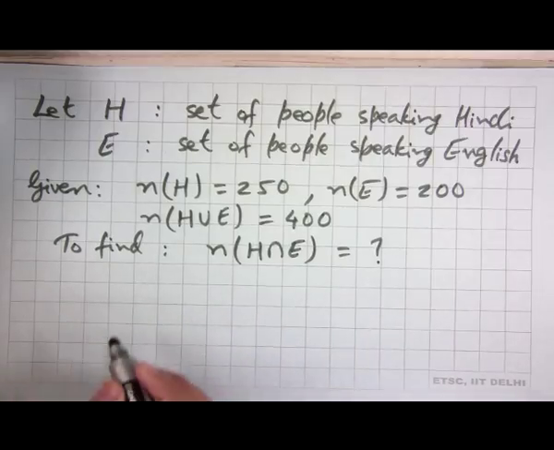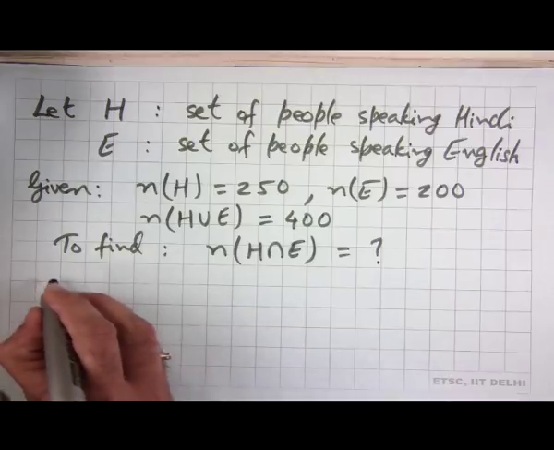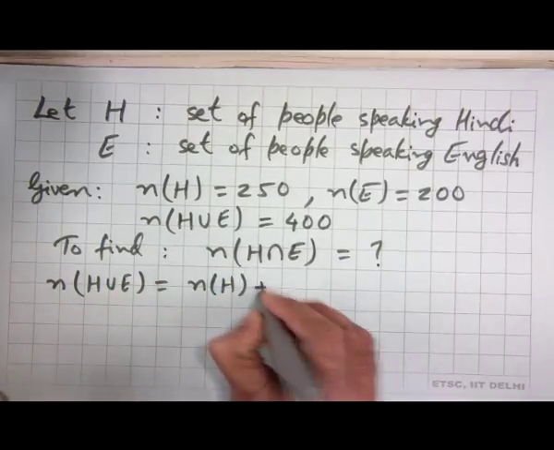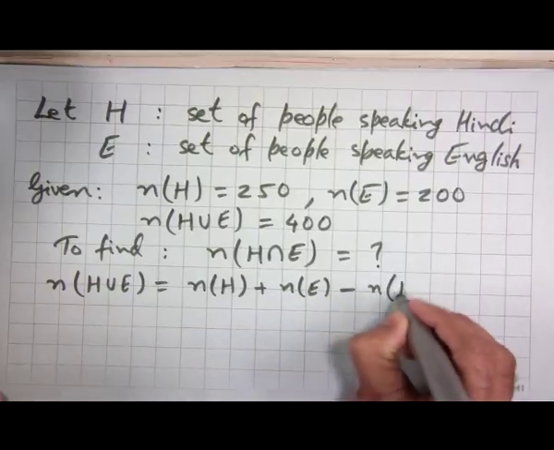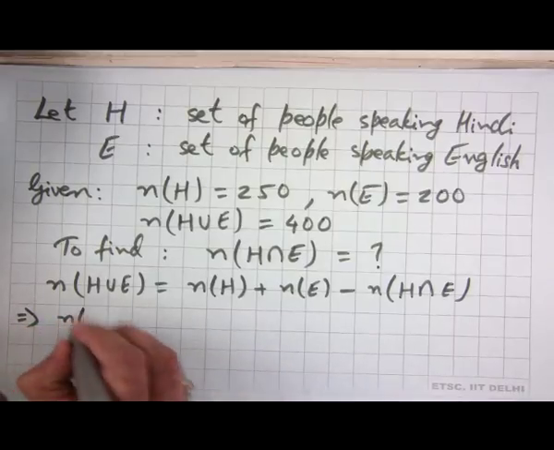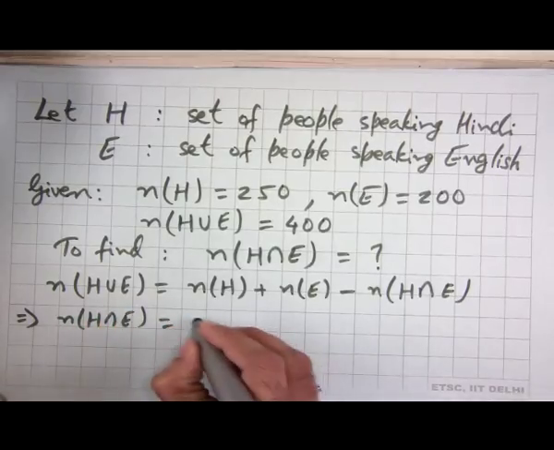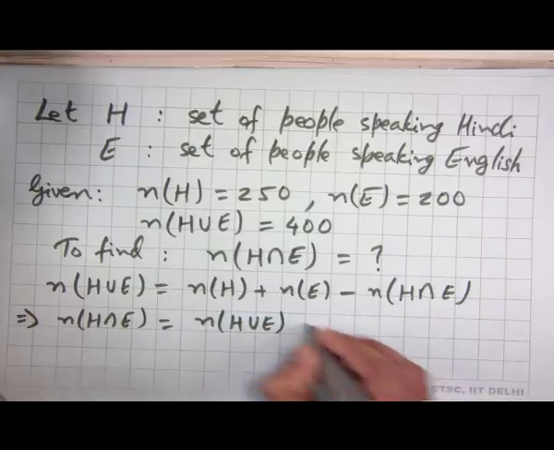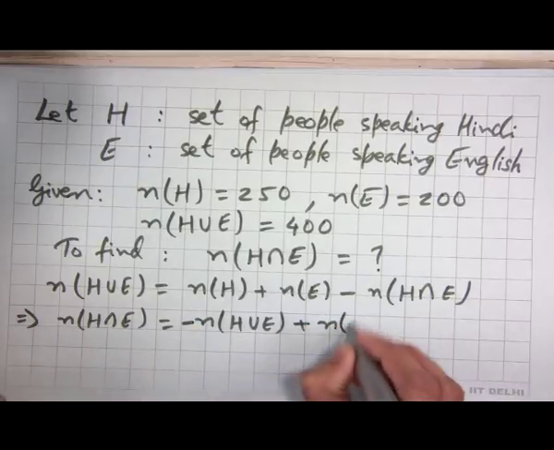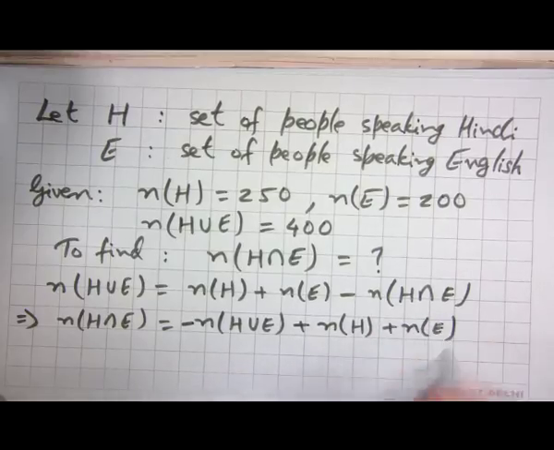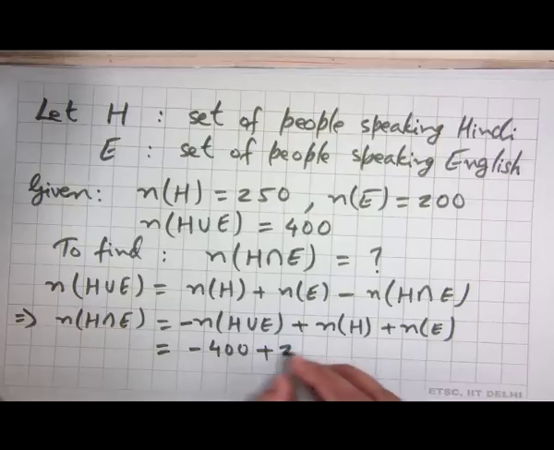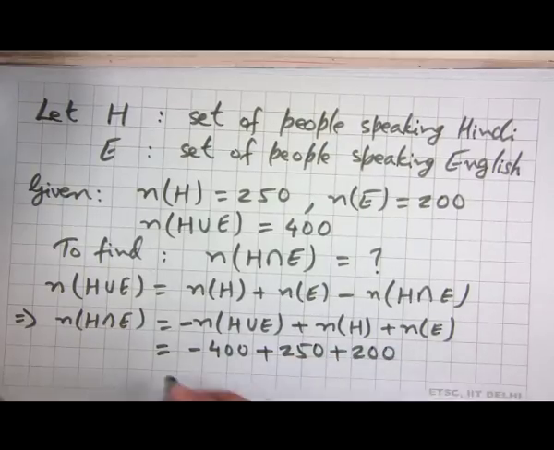So, we can calculate this by using this formula. N of H union E is equal to n of H plus n of E minus n of H intersection E. So, this implies n of H intersected with E is equal to minus n of H union E plus n of H plus n of E. So, this is equal to minus 400 plus 250 plus 200, which gives 50.